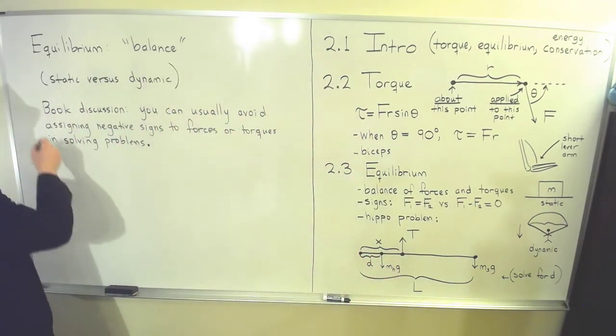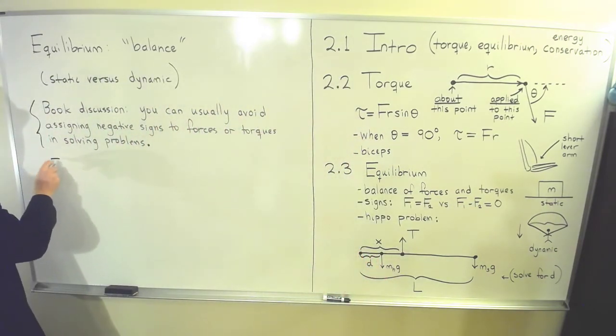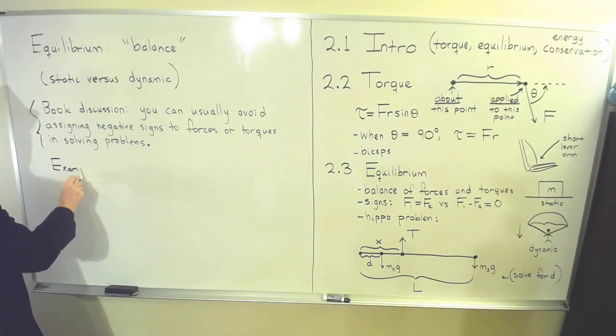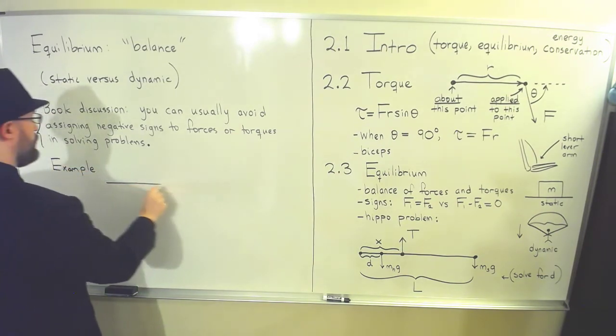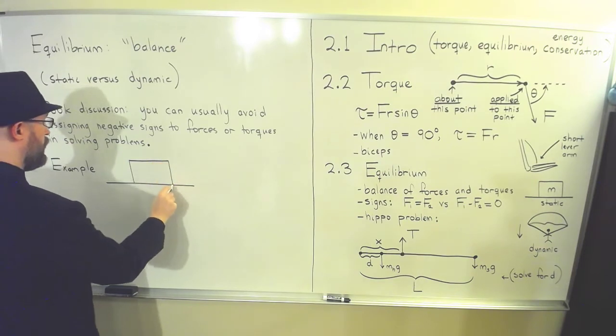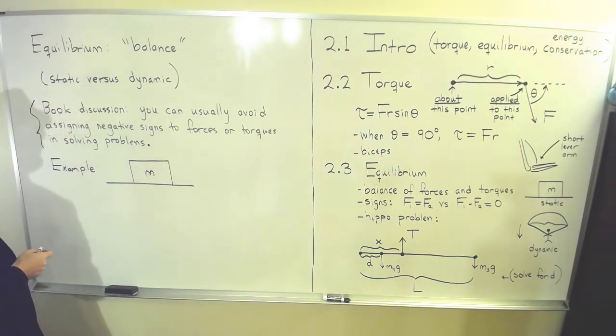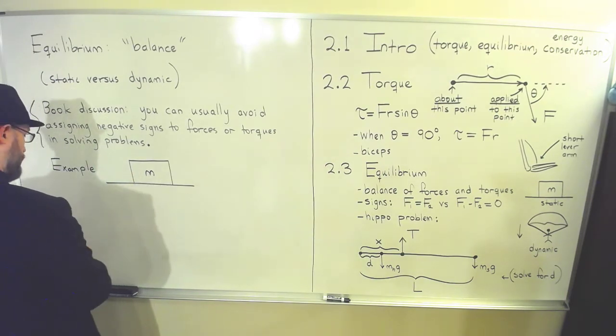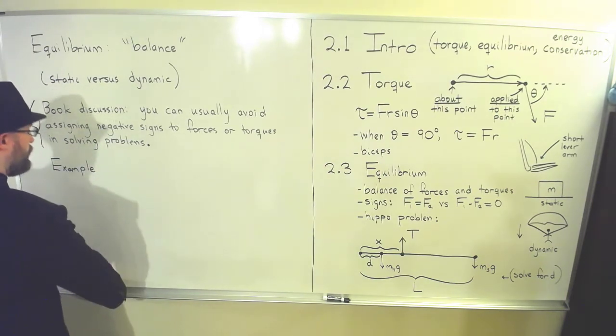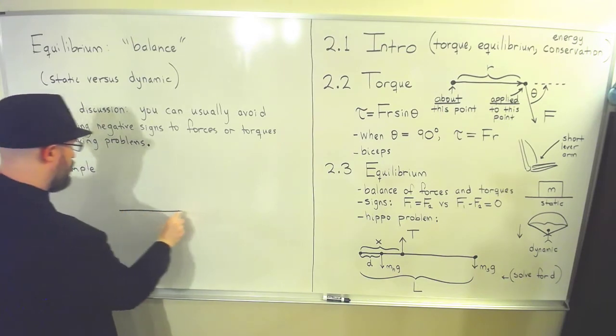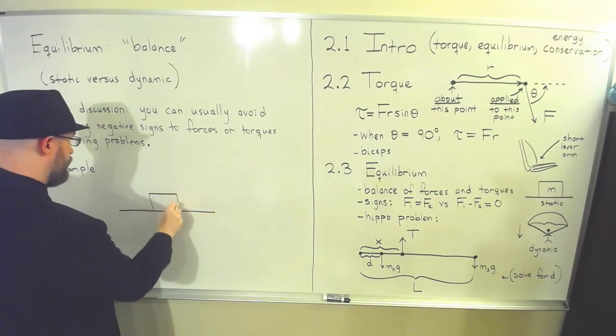Now, we've already seen this, and so this is an example, and we'll look at this static equilibrium situation that I just explained to you. So you have a mass here, and you have, let me actually move it down a little bit so I have room to draw all the vectors.